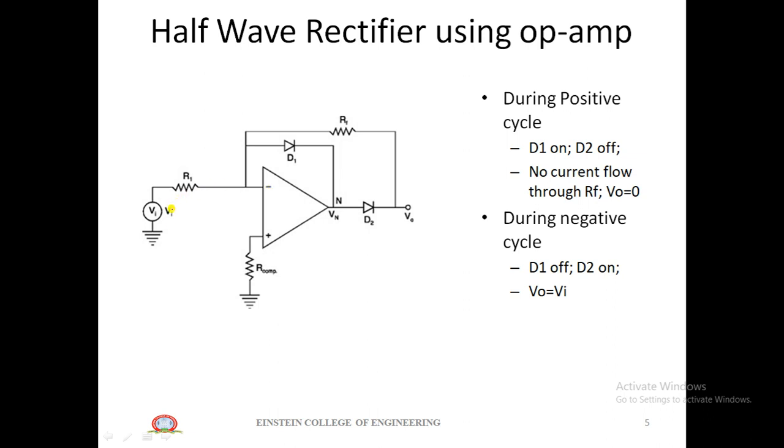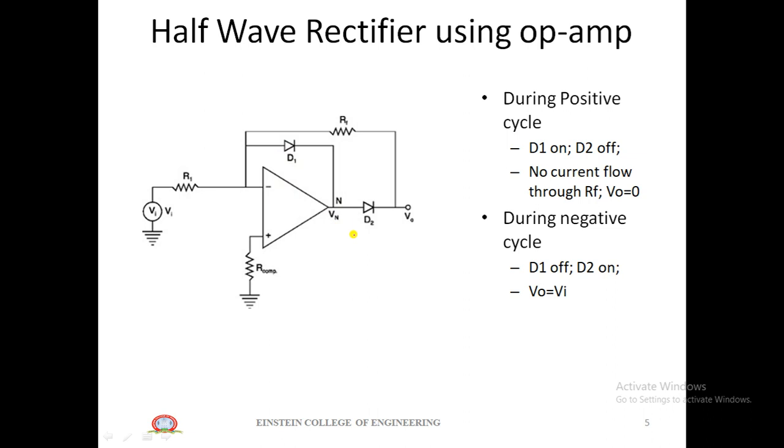During the positive cycle, that is input voltage Vi is greater than 0, the positive signal is connected to the anode of diode 1. So diode 1 will be on, and in the inverting amplifier the input voltage gets inverted at the output terminal.